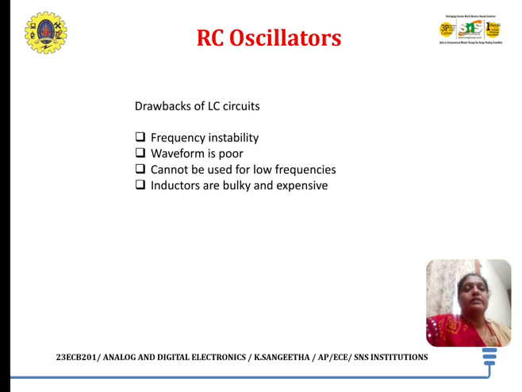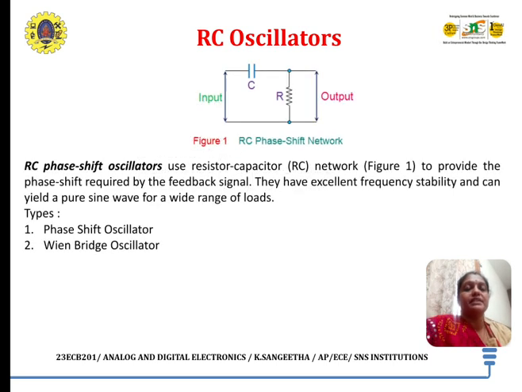It is very expensive, and the waveform produced by the LC oscillator is very poor, and it cannot be used for low frequency. These are the reasons why we go for RC oscillator. RC oscillators use R and C to provide sustained oscillations in the feedback network.